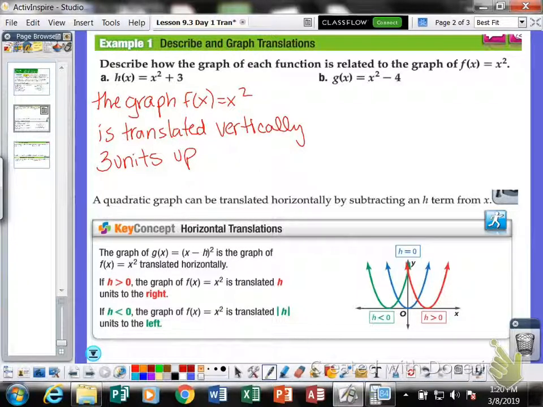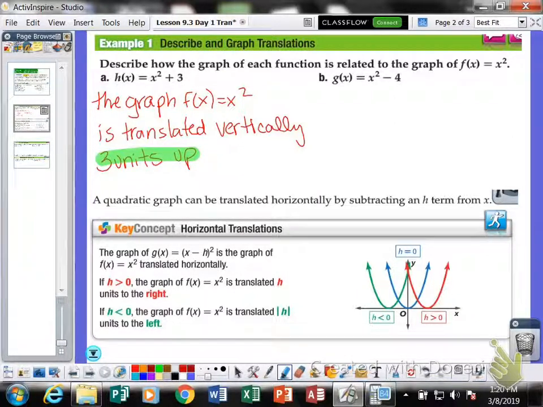So we would translate it 3 units up. You could also just say the graph of f of x equals x squared is translated 3 units up. You didn't really need to say vertically because you're saying up, so that's vertically.